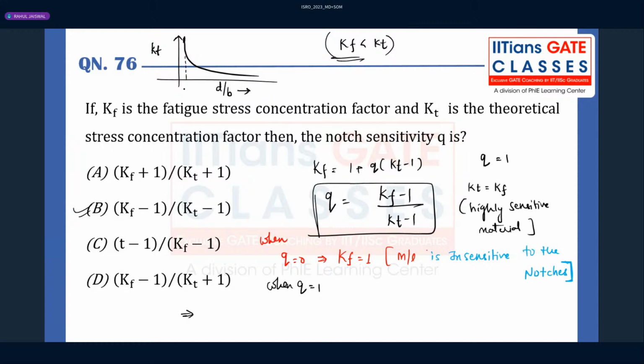When this ratio is very low, meaning the width is very large, Kt is approximately 3. As you keep increasing the diameter, the Kt value depends on the data book.